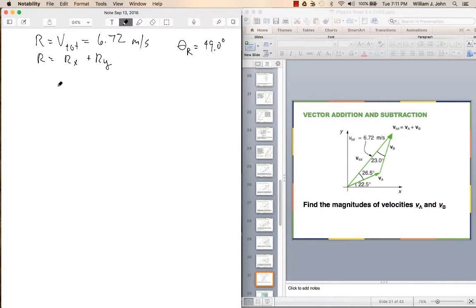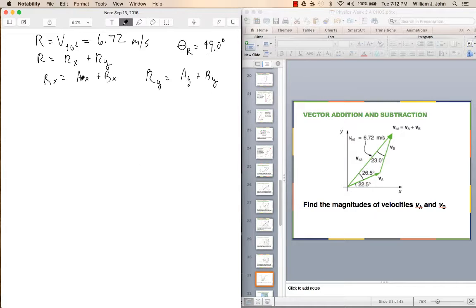Okay. Now, in order to find VA and VB, we're going to have to see that Rx is equal to AX plus BX, and Ry is equal to AY plus BY.